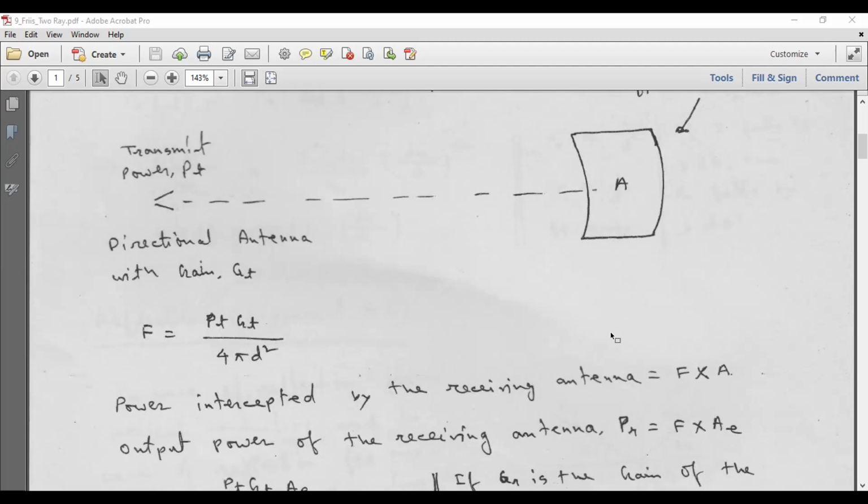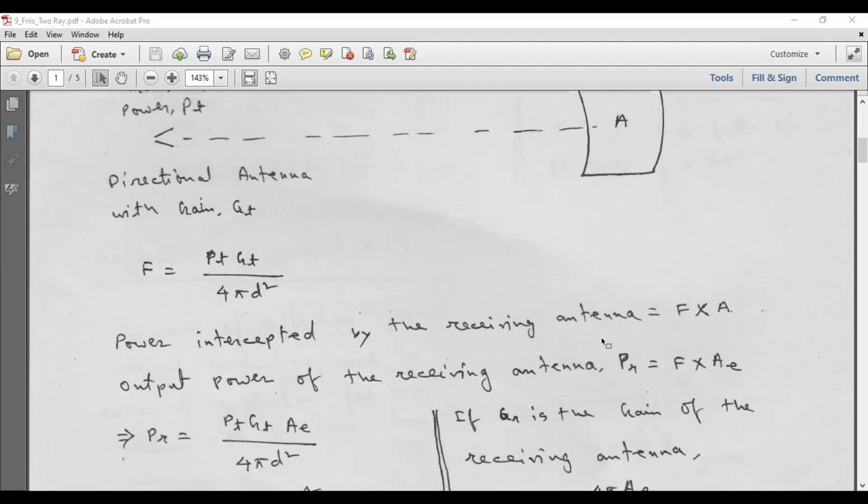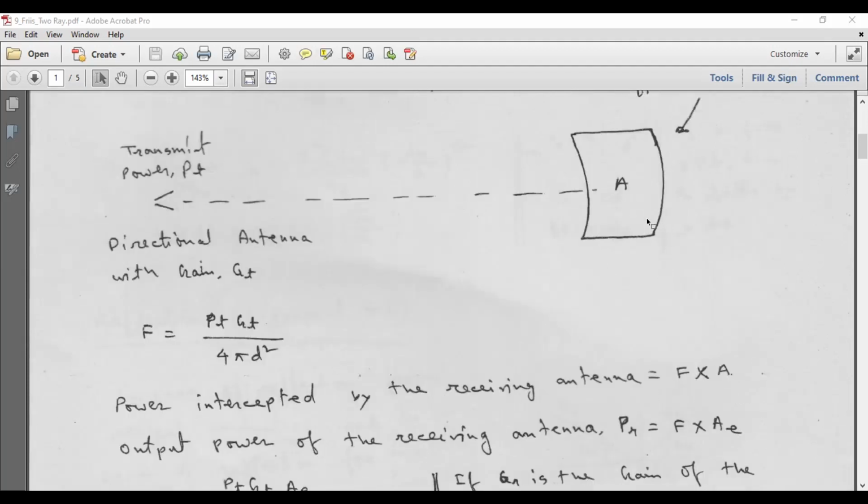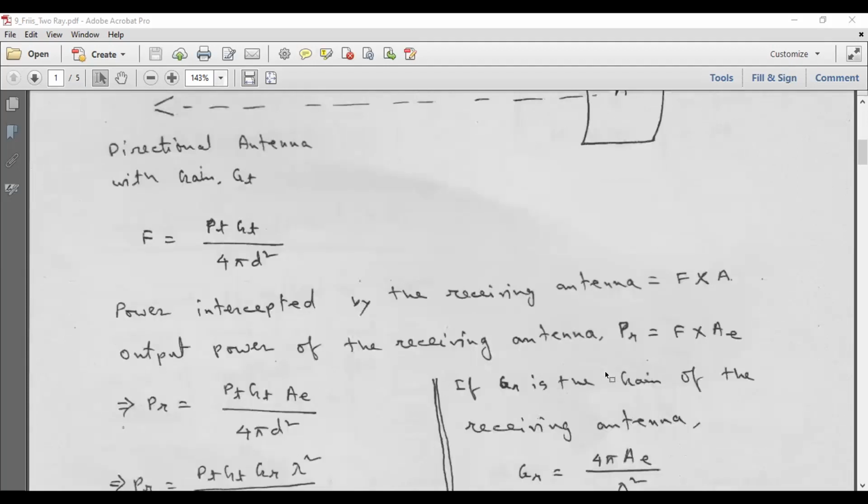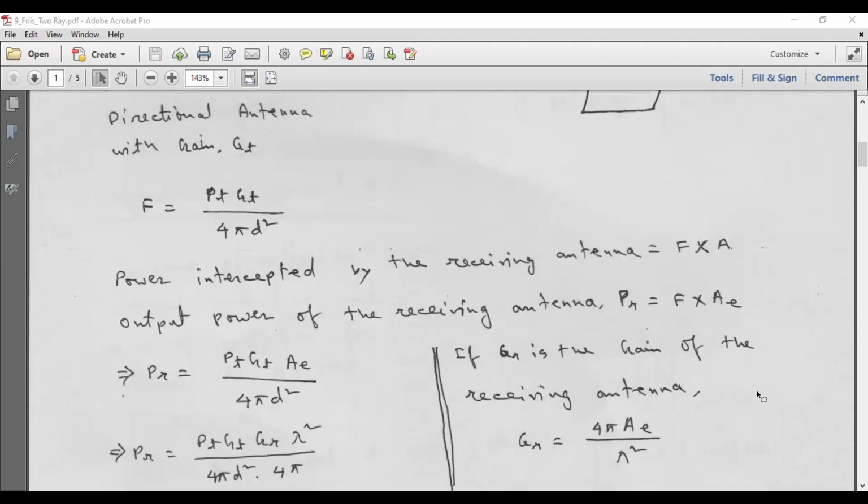From this calculation you get the amount of power that is delivered to the receiving circuit. So we need to multiply by effective aperture, not the actual aperture. So we have to multiply F by AE, then you get the received power.